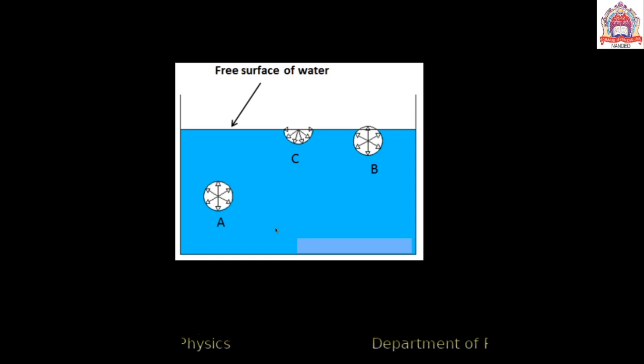Thus, to decrease the potential energy of the molecules in the surface film, what happens? When it acquires the lowest possible potential energy, thus to decrease the potential energy of the molecules in the surface film.